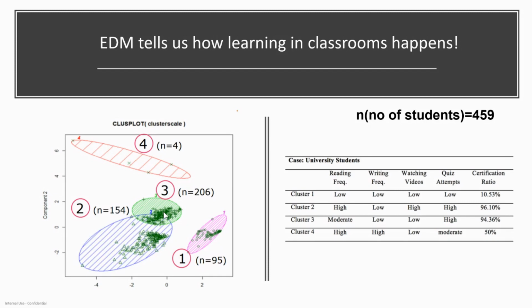And in cluster 4, we gave them completely e-learning, the static e-learning that has just text, audio, and not much video, and not many quizzes either. The certification ratio was pretty low. So again, it showed us how important it is to blend both classroom training and e-learning to get the best possible results.